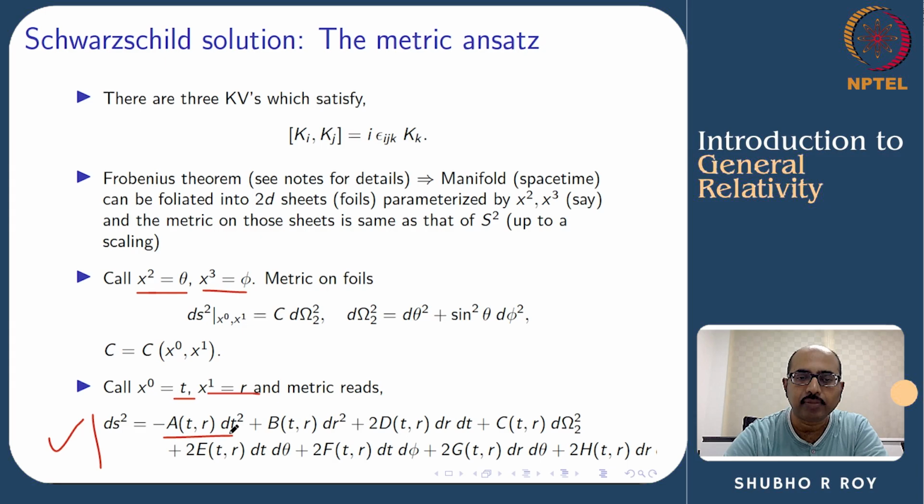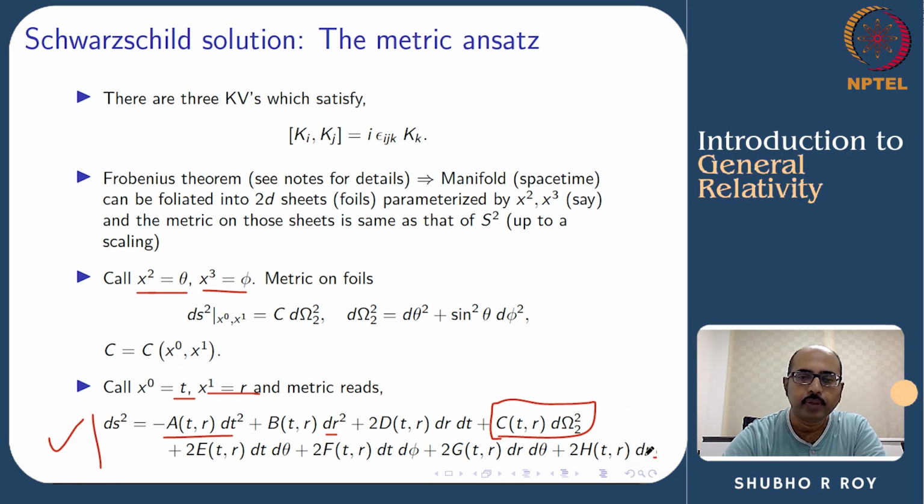Minus a times dt squared is the time part, and then dr squared, a term proportional to a mixed term, dr dt, and then of course there is our sphere part, and then we can have terms which are dt d theta, dt d phi, dr d theta, and so on and so forth, and dr d phi. I think this phi got truncated, but there is a d phi here.